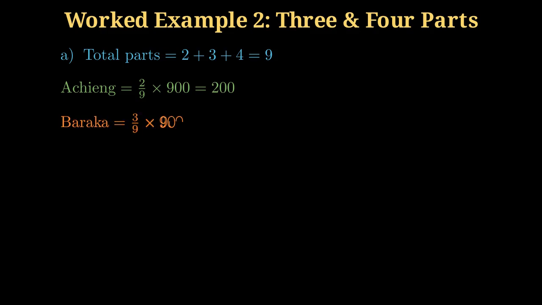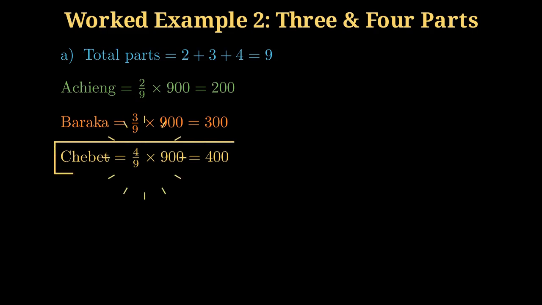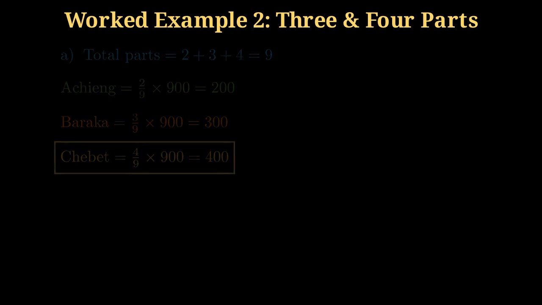Baraka gets 3/9, that is a third, 300 shillings. And Chebet, who worked the most, gets 4/9, 400 shillings. 200, 300, 400, and they add back to 900 exactly. Dispute settled, fairly.